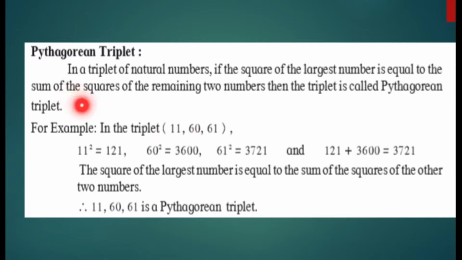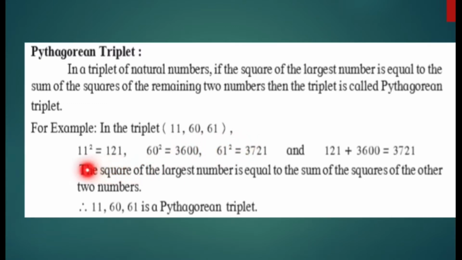that is Pythagorean triplet. In a triplet of natural numbers, if the square of the largest number is equal to the sum of the squares of the remaining two numbers, then the triplet is called a Pythagorean triplet. Now consider the example 11, 60, 61. Now for these three numbers, we square each number.